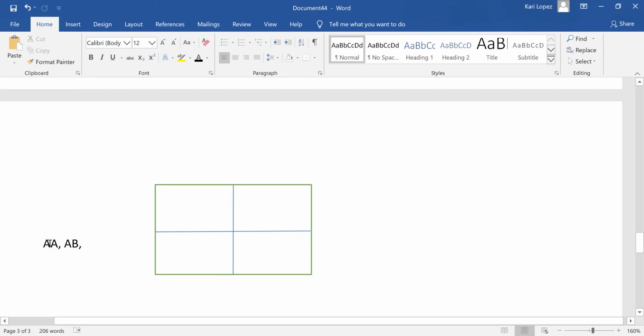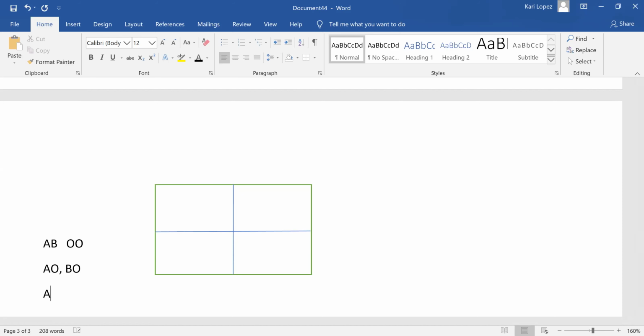See, because if you had, let's say, one AB parent, and then let's see what your O would be. So your choices would be AO. Oh, I guess you could AO, and then you would get BO, and then you would get your AO and BO.